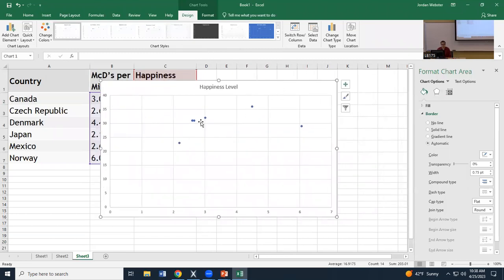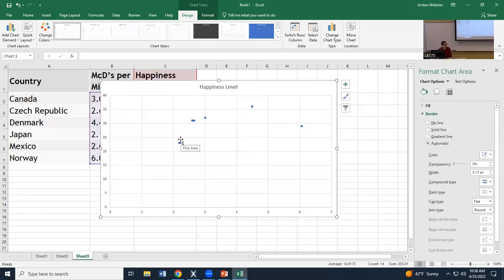Now, what's that look like? Does that look linear? Does that look exponential? Does that look quadratic? Or does that look rational? Well, it has this arch that goes up and then kind of comes back down, doesn't it? That's a good indicator of that quadratic.